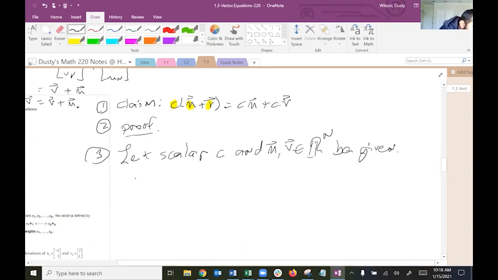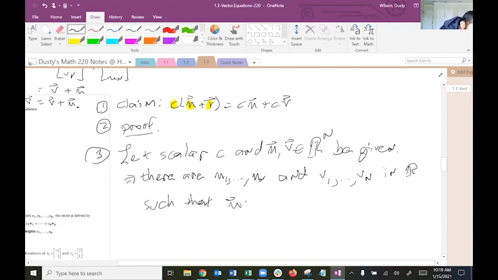This tells us that there are u1 to un and v1 to vn in R such that u equals u1 to un and v equals v1 to vn.